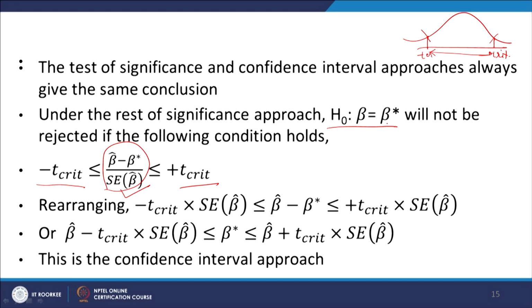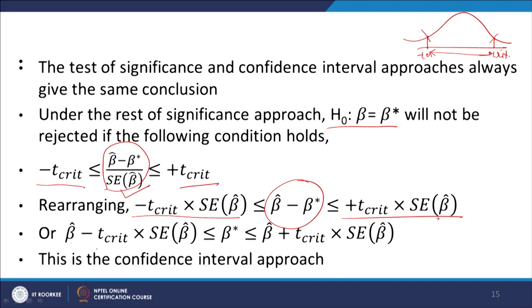Now, if I rearrange terms, minus T critical multiplied by standard error of beta hat goes to this side, and plus T critical multiplied by standard error of beta hat goes to this side too. I am left with beta hat minus beta star in the middle, or I take beta hat to this side.